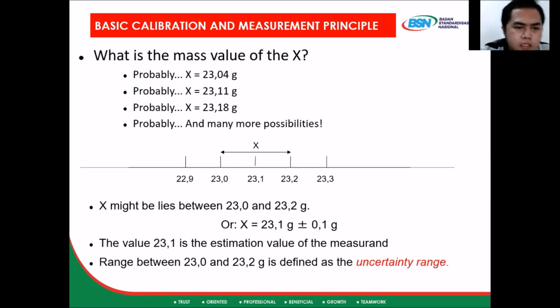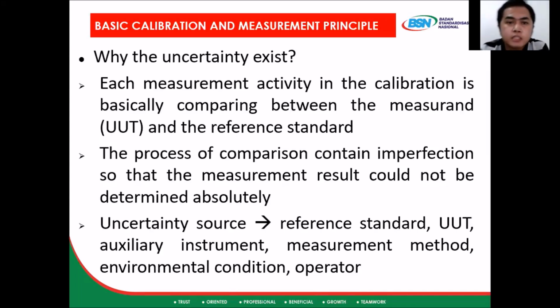The egg value might lie between 23 and 23.4, or we can express it with the following sentence: 23.1 plus minus 0.1. The value 23.1 is the estimated value of the measurement, while the range between 23 and 23.4 is defined as the uncertainty range.